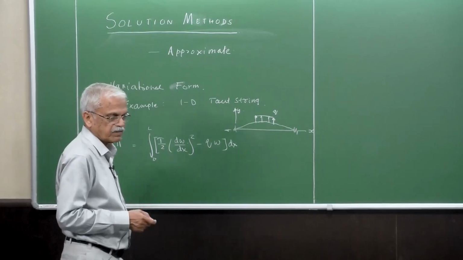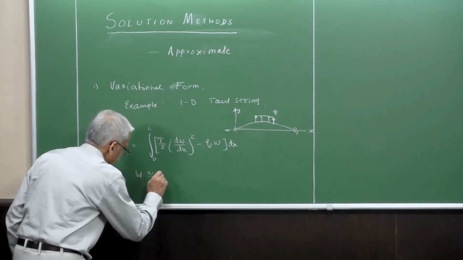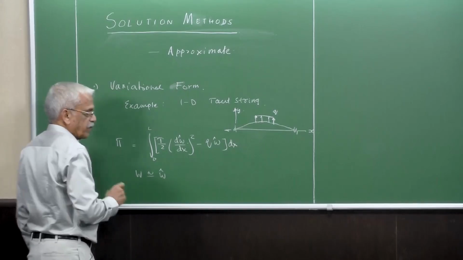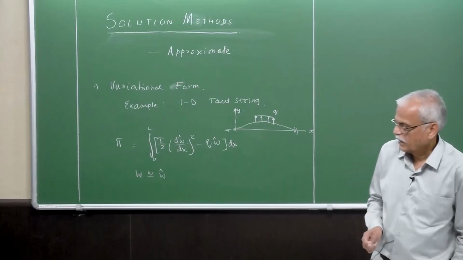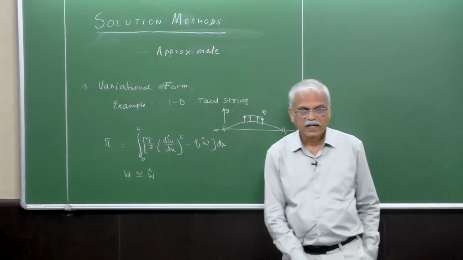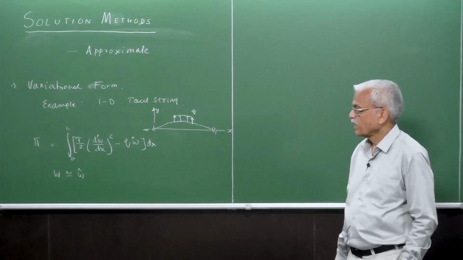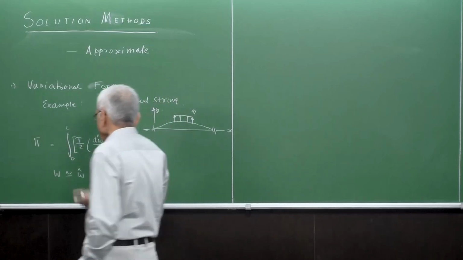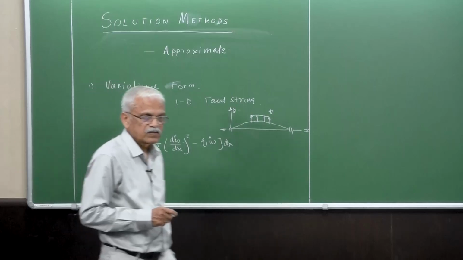And if W is not the exact solution, say if W is approximated by some W hat here, then phi will be computed, and according to this theory, out of all the admissible set of functions for W hat, admissible in the sense that they satisfy the boundary conditions, W hat has to be 0 at x equal to 0 as well as at x equal to L, the one which minimizes this phi is going to be the solution.